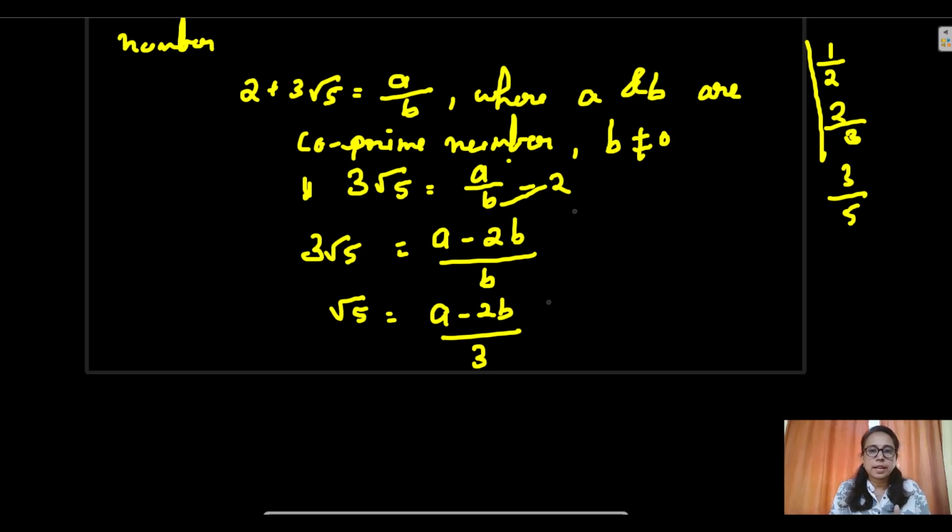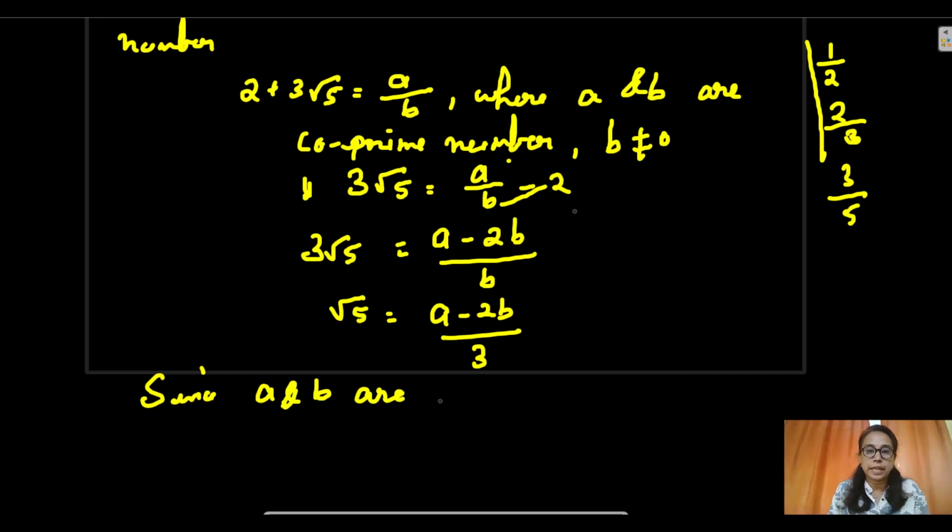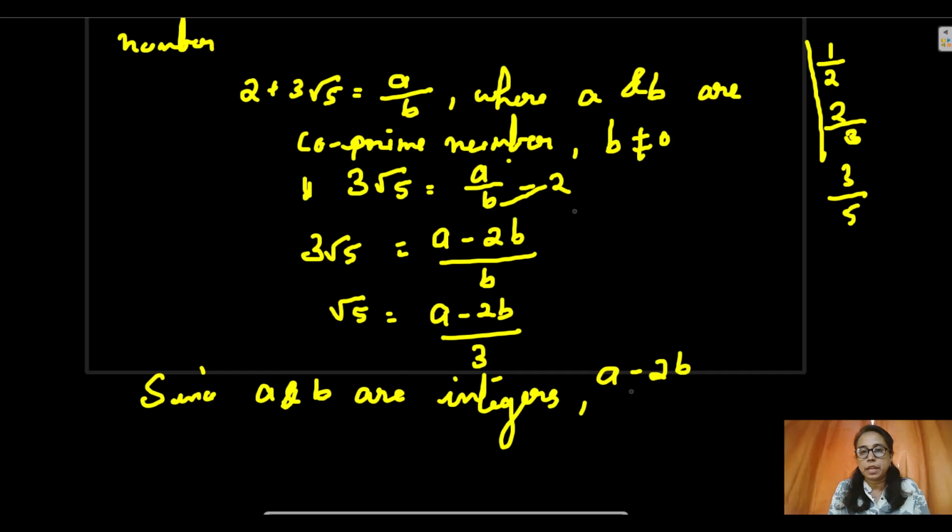Then you see this right hand side. Left hand side, we know that root 5 is an irrational number. But you see the right hand side, a, b, 3, right? Since a and b are integers, and 3 is an integer, we can say that a minus 2b upon 3 is a rational number.